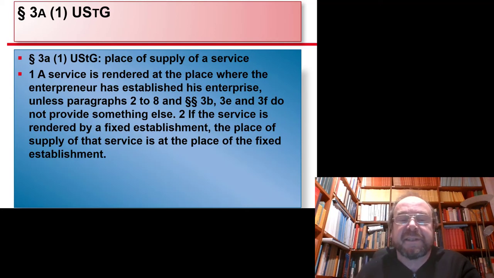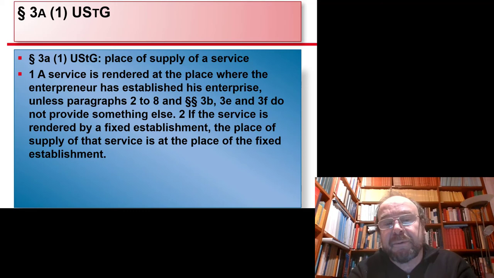So 3A1 says a service is rendered at the place where the entrepreneur, the business owner, has established his enterprise, unless the paragraphs 2 to 8 and the paragraphs 3B, 3E, and 3F apply. 3F has been eliminated last year, so my translation is not up to date there.